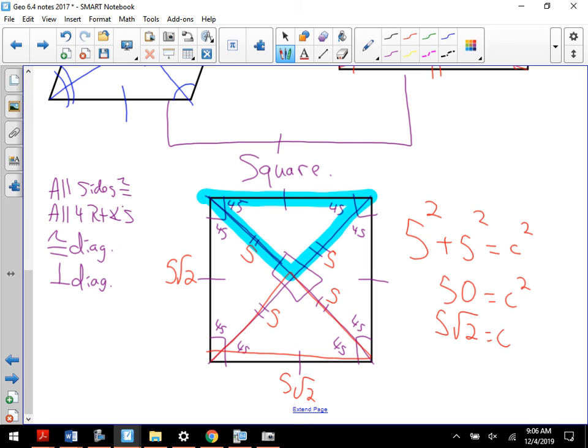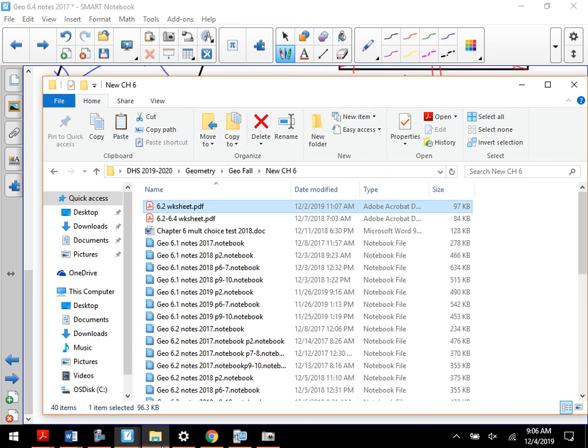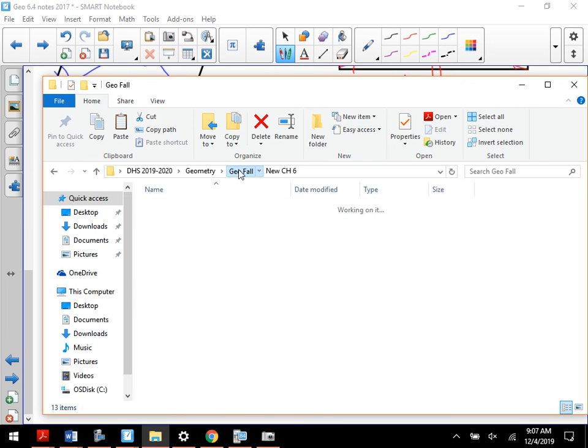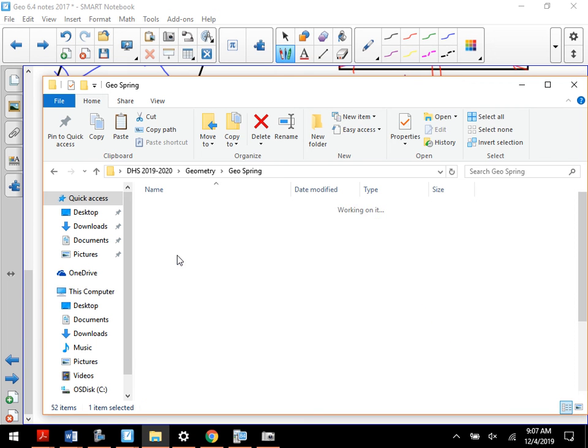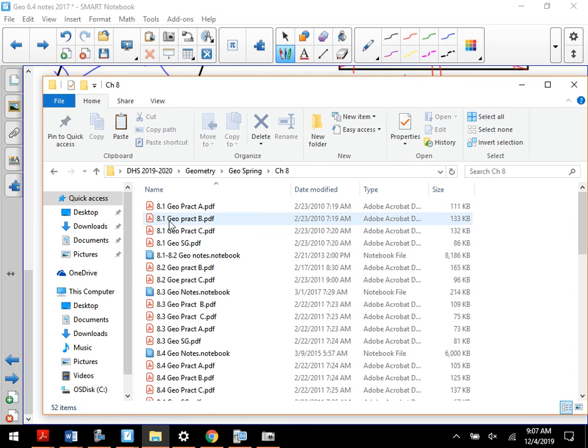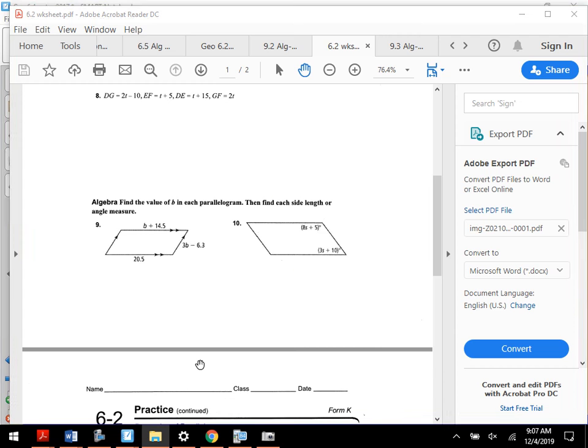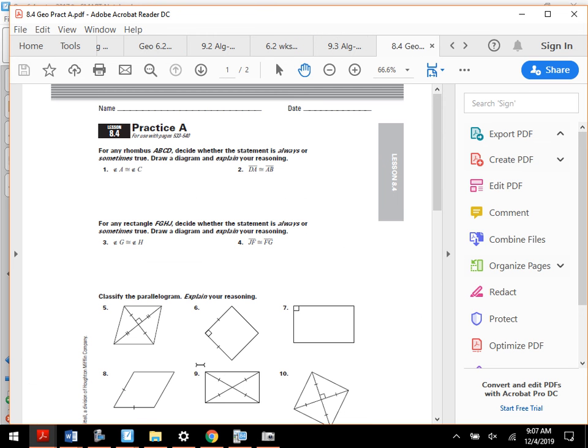I'm using this from an older text. But you guys get the idea here. So let's see, this is 8.4. So let's take a look here.